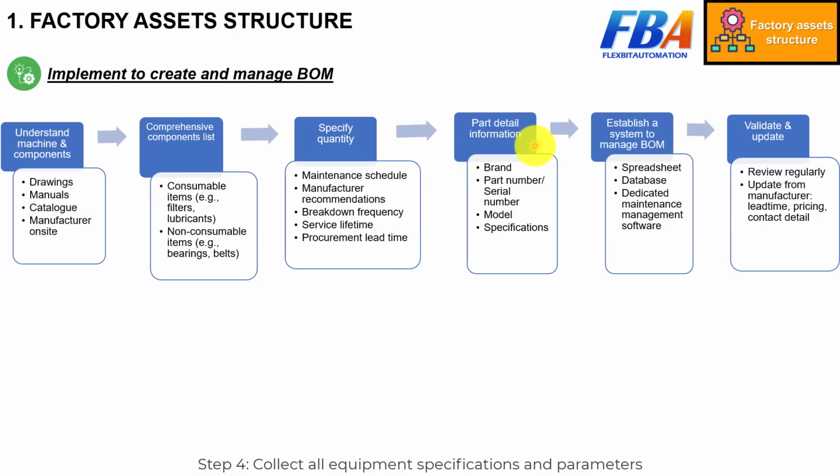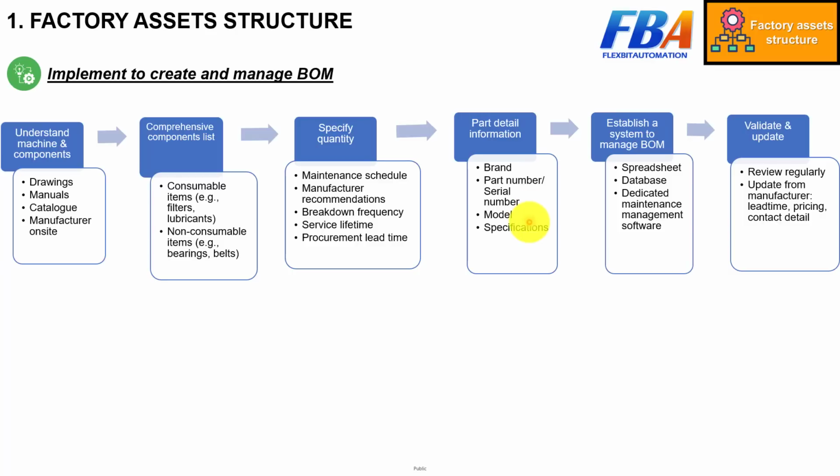Next, we collect all the equipment specifications and parameters. The first one is brand: the brand of the equipment, in other words, the manufacturer of the equipment. Part number or serial number. And next one is the model.